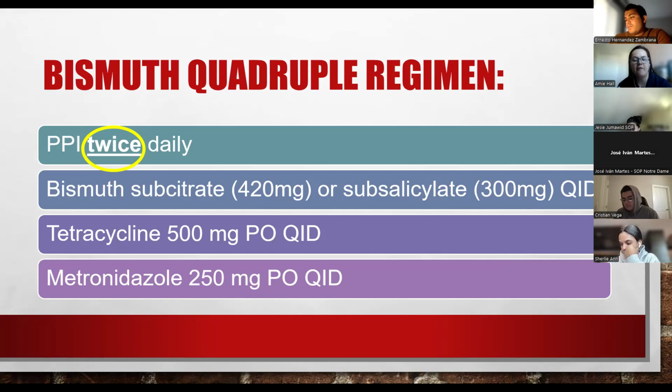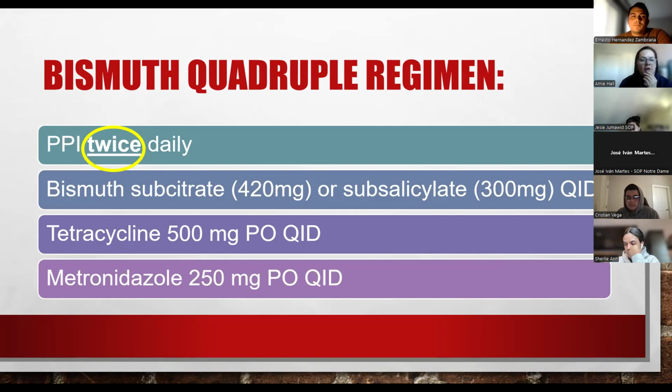We have to have sustained acid suppression so that we can kill the bacteria and heal the epithelial cells. And the only way to heal the epithelial cells is to increase the pH in the stomach, make it more basic. And the only way to do that is have sustained acid suppression. And the only way to do that is with a PPI twice a day.